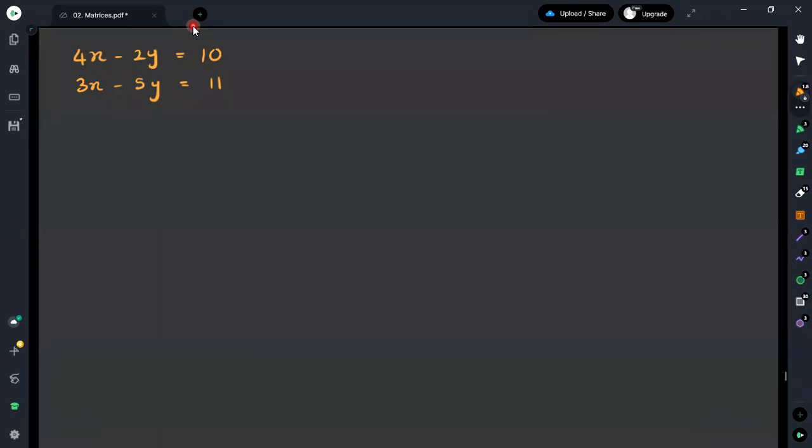Then what we have to do is, here we have identified the coefficient matrix, which is named A. First you have to convert this system into the form Ax equals B, where A is the coefficient matrix, X is the vector including the variables, and B is the vector including the constant terms.